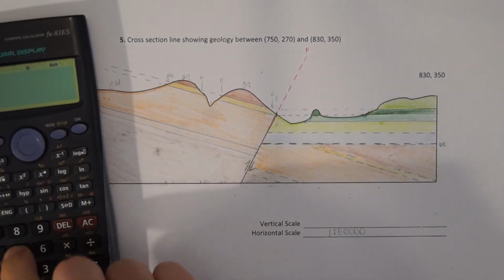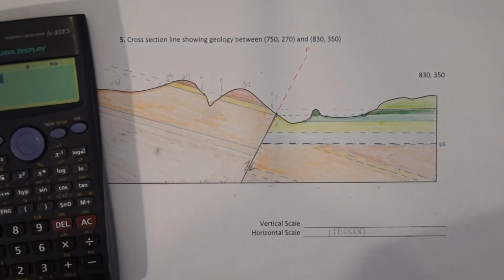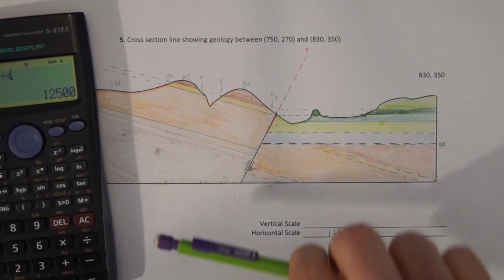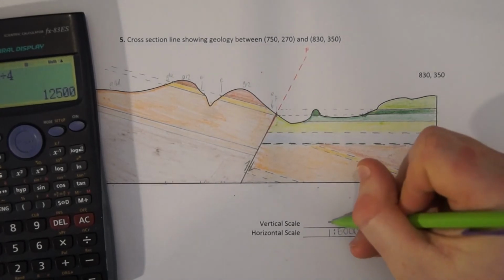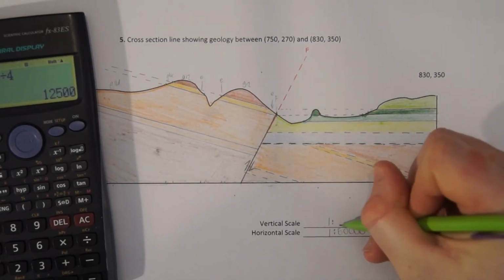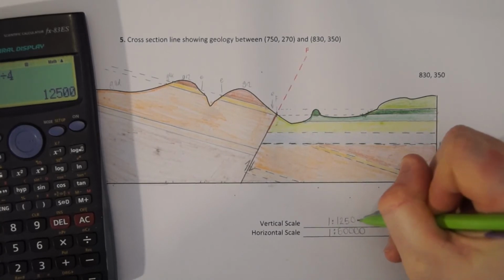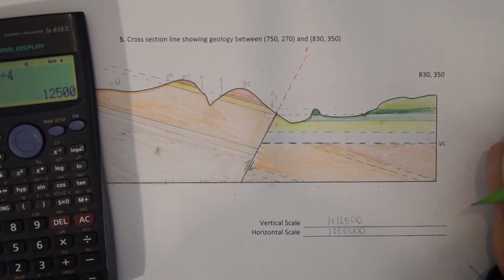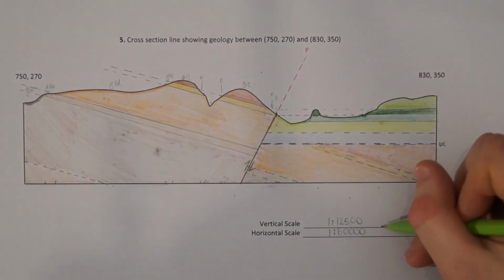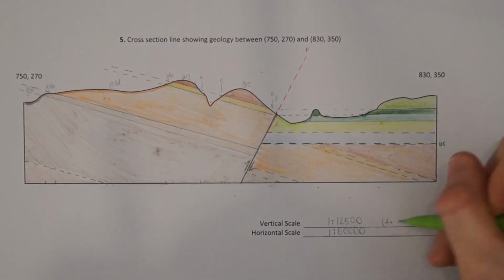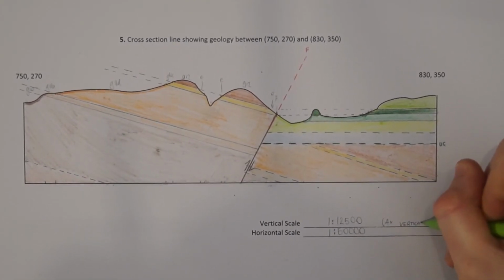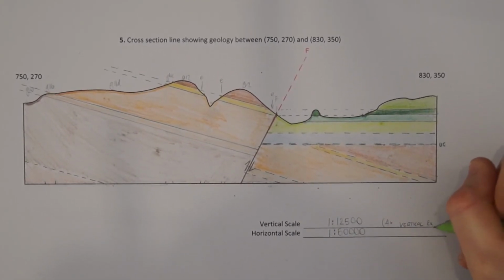Okay, so our vertical scale then is simply our horizontal scale, 50,000, divided by 4, which gives us a vertical scale of 1 to 12,500. Okay, and then we can maybe put in brackets 4 times vertical exaggeration.